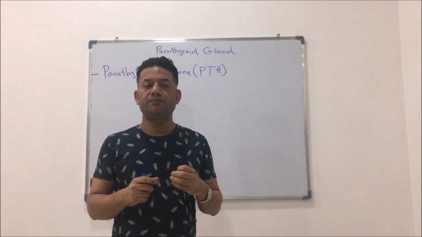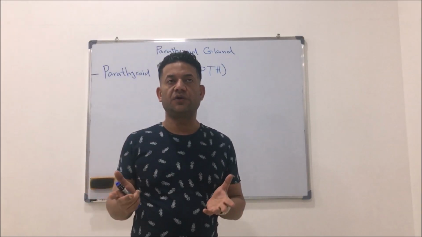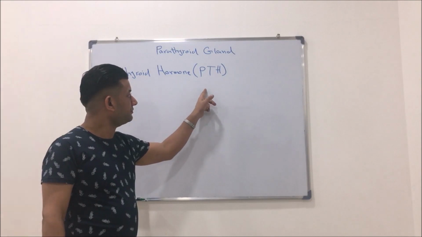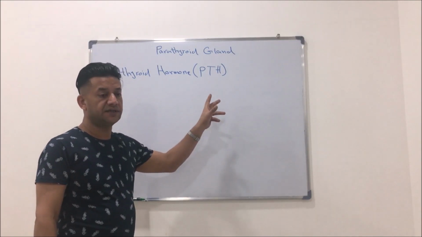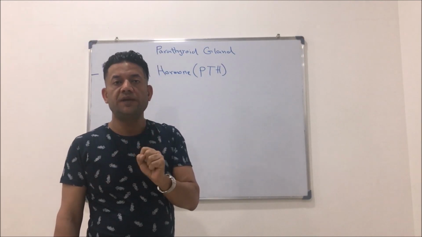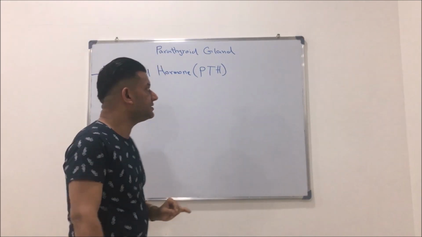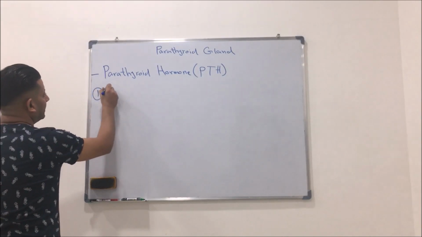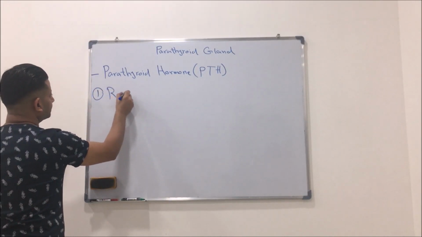So what is the importance of parathyroid hormone? In fact, parathyroid hormone is very important in calcium and phosphate mobilization. How is that? This is done first by the rapid phase.